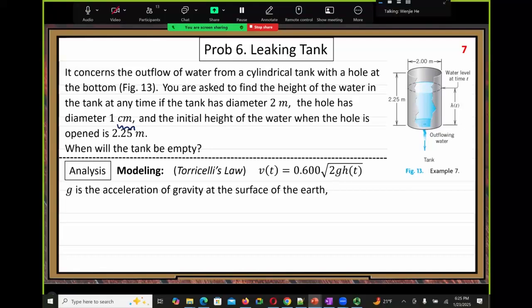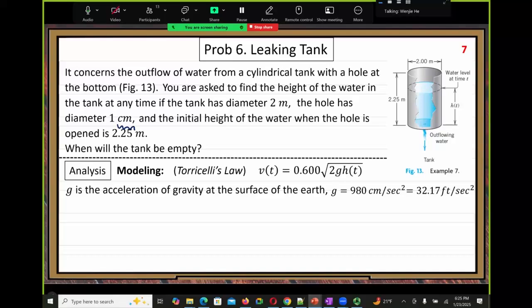The acceleration of gravity at the surface of the Earth, we know that constant, comes in 2 units. First, 980 centimeters per second squared.